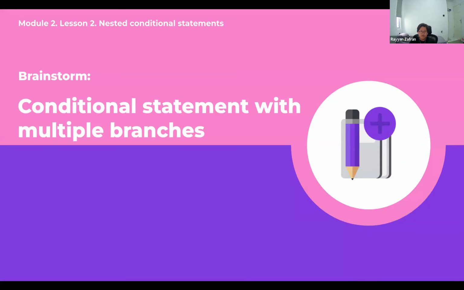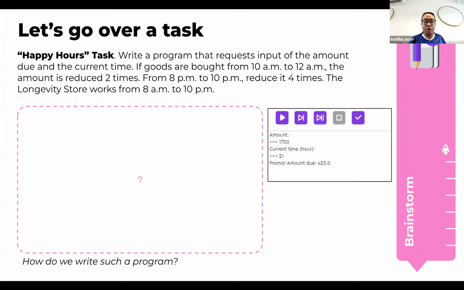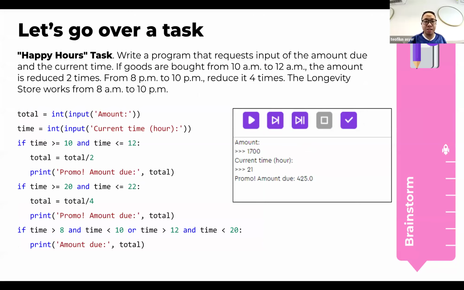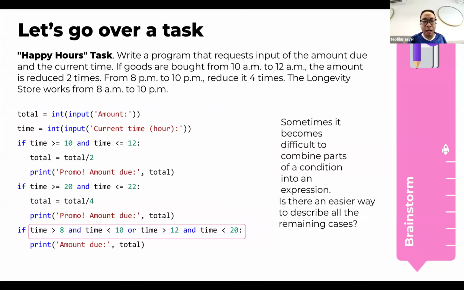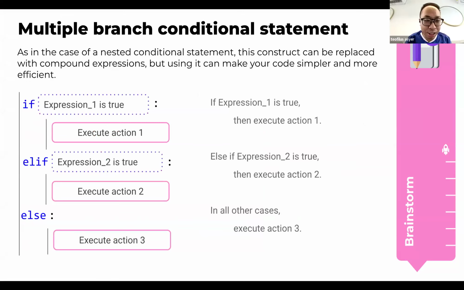Okay. Now let's talk a little bit about conditional statements with multiple branches. Here, we will learn about another function of if else. There is a brother that kind of got lost in this discussion. This is called elif. So what is elif? Elif is just an abbreviation of else if.